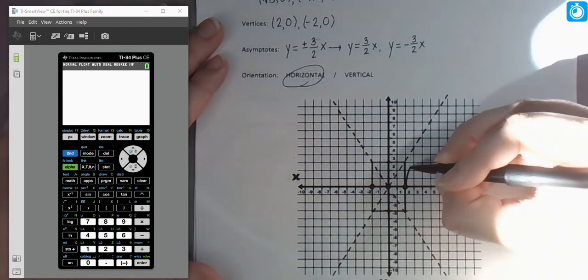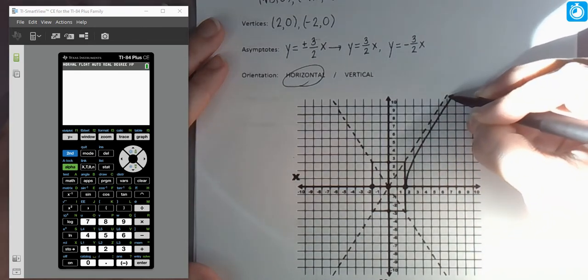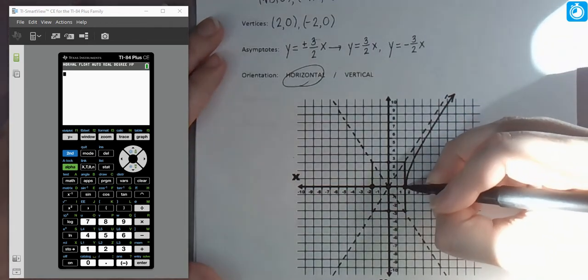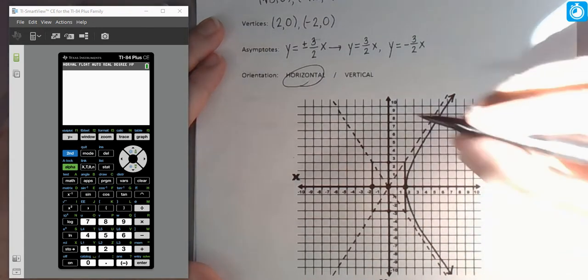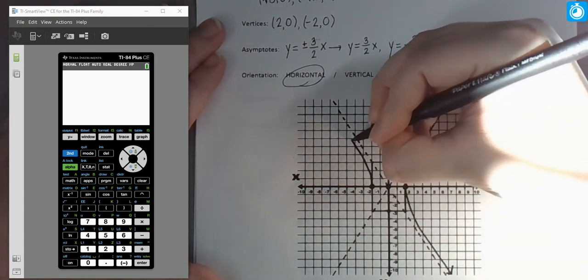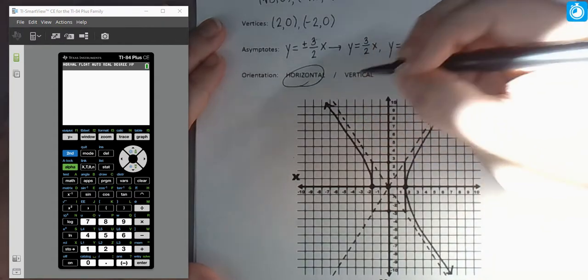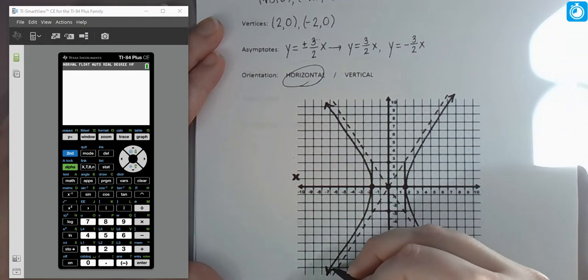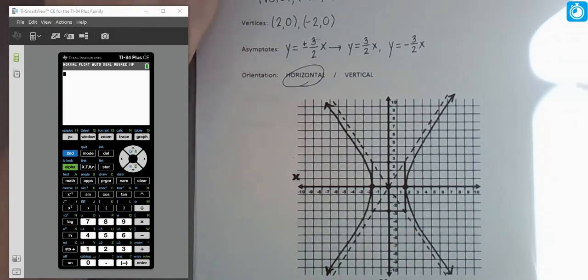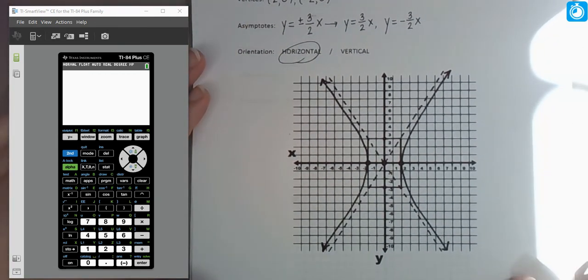And I like to draw just one side at a time. So we're essentially going to have something that looks like that above. It looks like that below. And then we have a mirrored branch on the other side of the box. And there we go. So there is our graph.